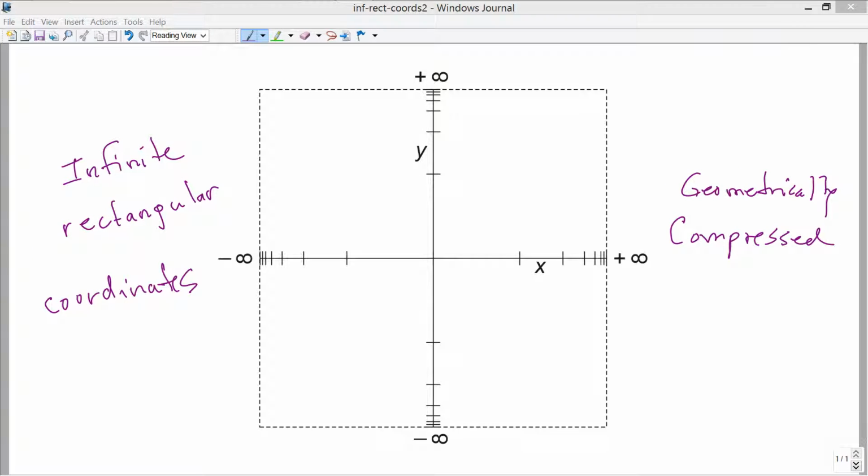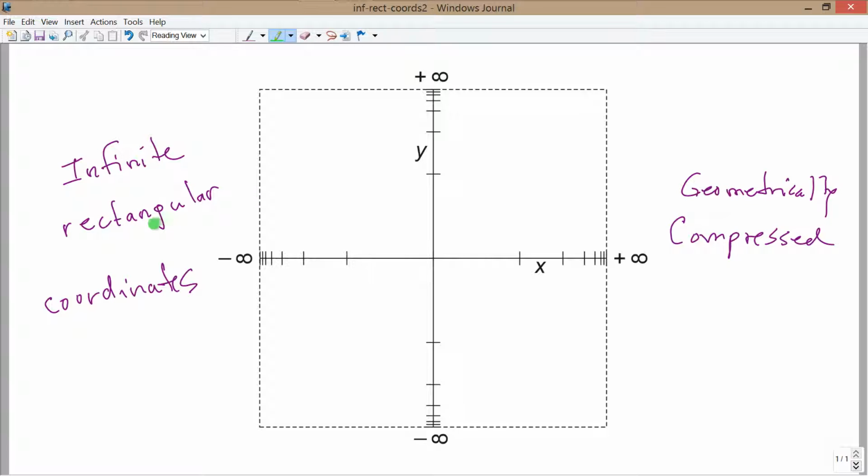Stan Gibilisco here to talk a little bit about a coordinate system that I devised when I was only about 16 years old in 10th grade at John Marshall High School, Rochester, Minnesota, to graph functions all the way to infinity. I already showed you a polar coordinate scheme that works according to the similar principle of geometric compression.